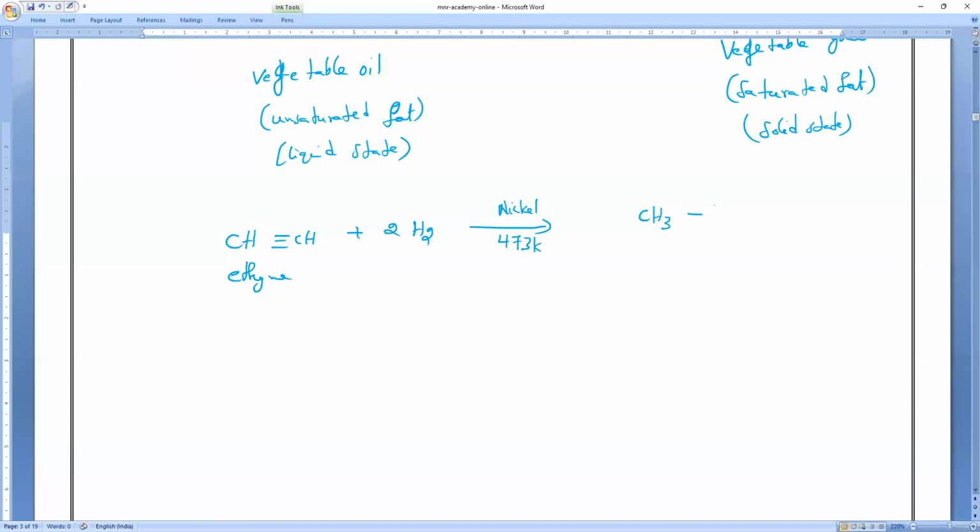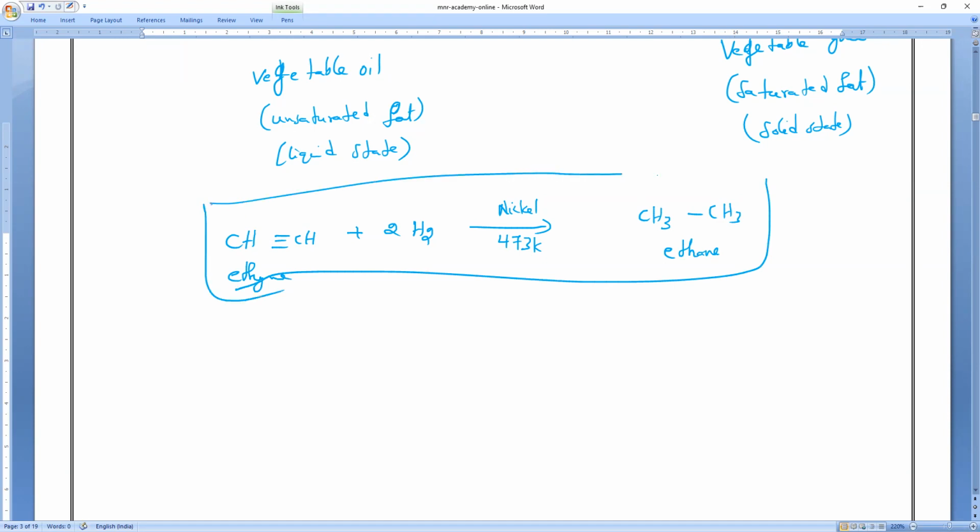It will get CH3, and that is what we call ethane. So we can obtain ethane by passing hydrogen gas over ethene or ethyne. We will get saturated ethane. This is what we call hydrogenation.